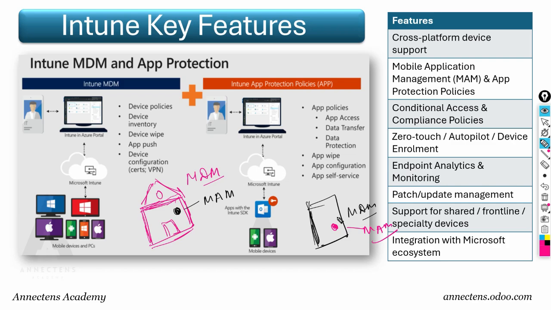We don't require touching any personal data. I'm not talking about other applications which the user is already using. I'm only concerned about this corporate application, and I'm allowed to manage install, uninstall, repair, wipe, everything from this MAM policy.